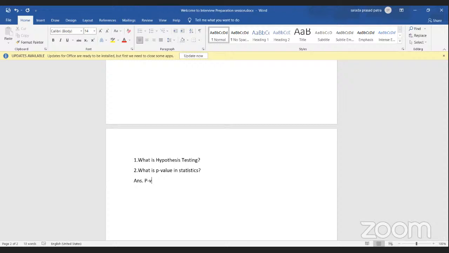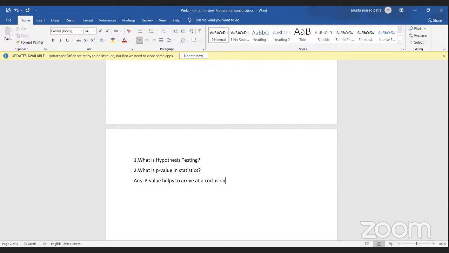P-value helps to arrive at a conclusion. When p-value is small, the null hypothesis is rejected and the alternative is accepted.